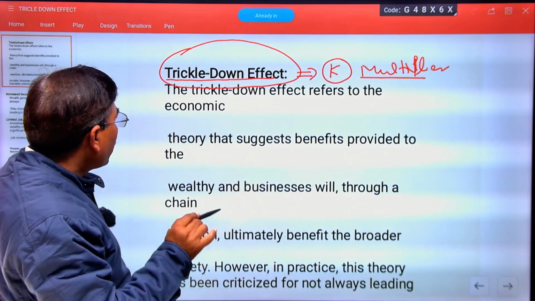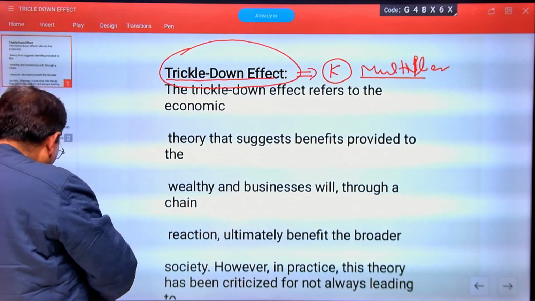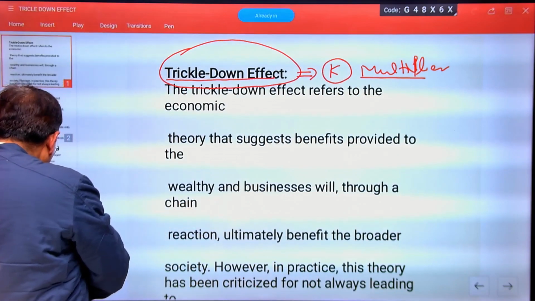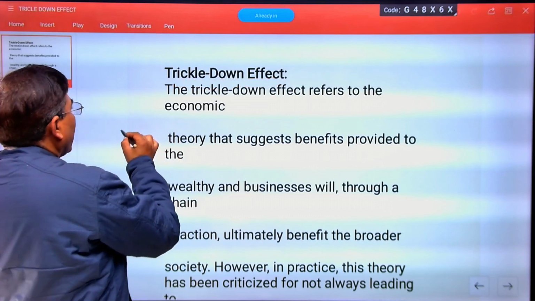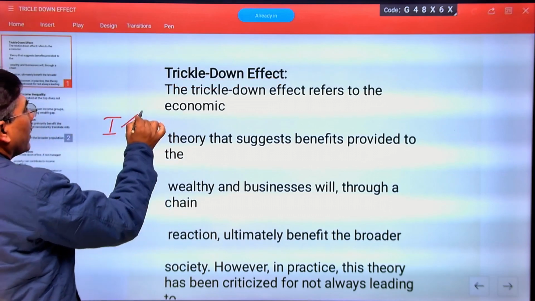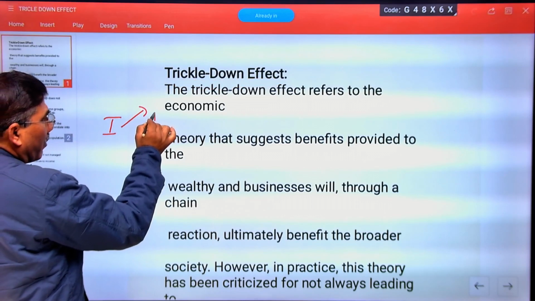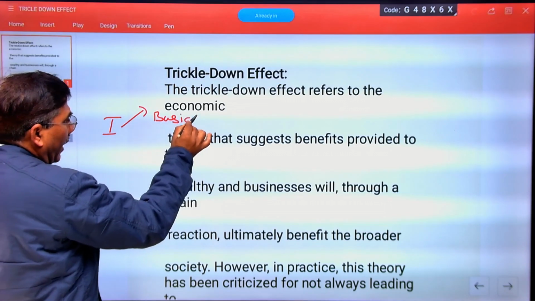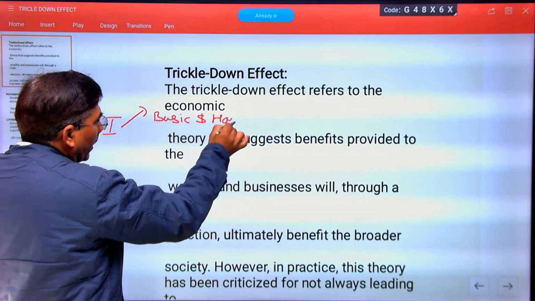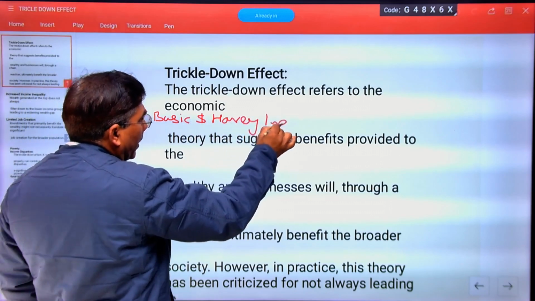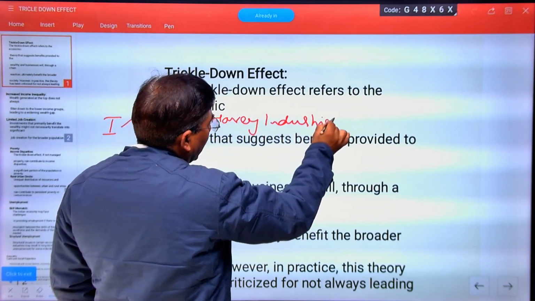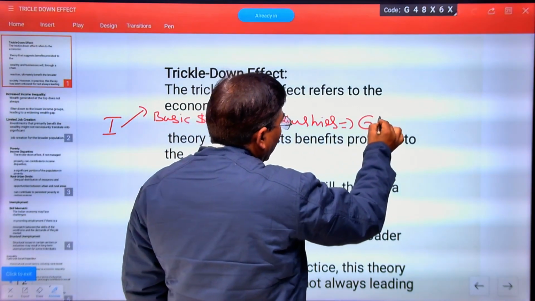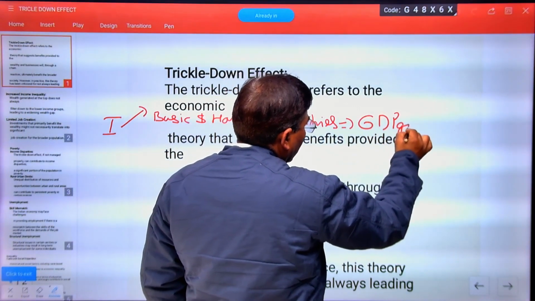In very simple words, trickle down means when the government increases its investment at the upper level in basic and heavy industries, this will increase the GDP growth rate.